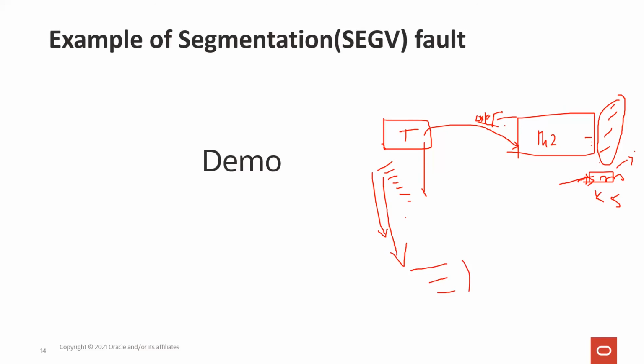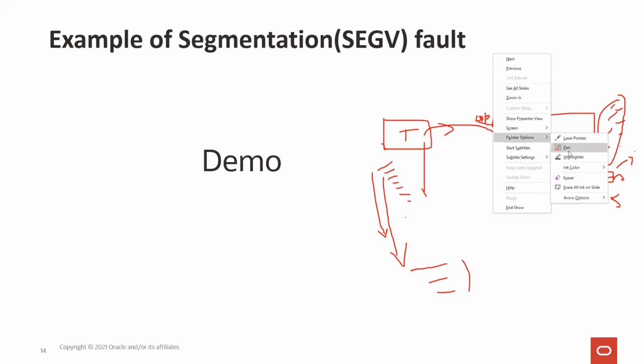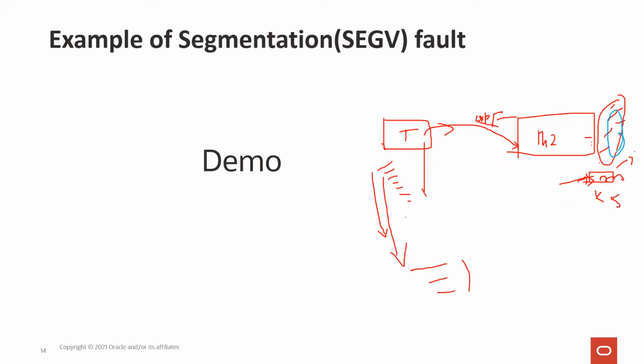We don't know whether it was passed from here or thread 2 has done the initial thing, and that memory generated that value we got from there. We don't know whether it came from here or from here, but we got a crash because of this access.